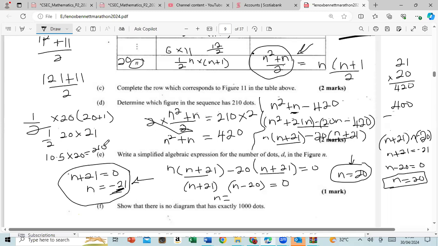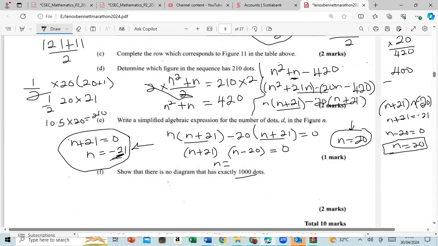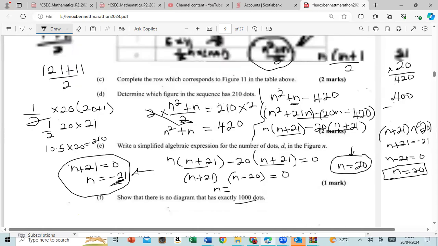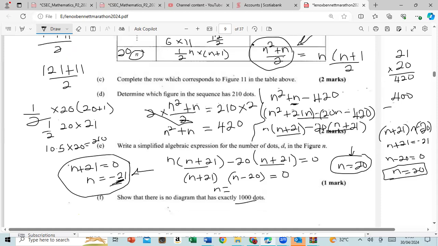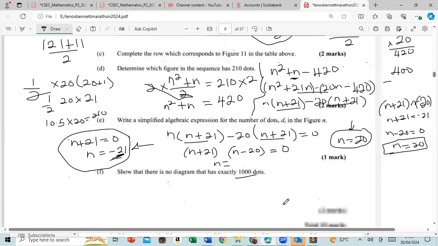Alright, now they say, show that there's no diagram that has exactly 1,000 dots. So let me equate it to this.